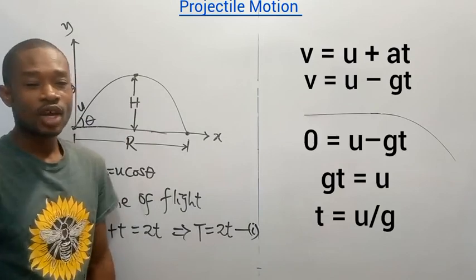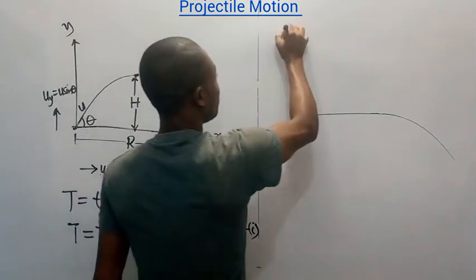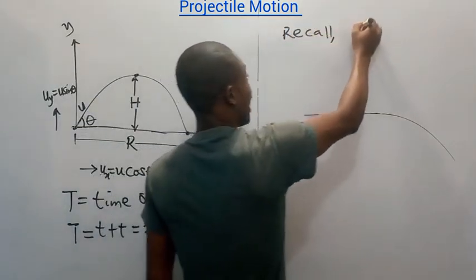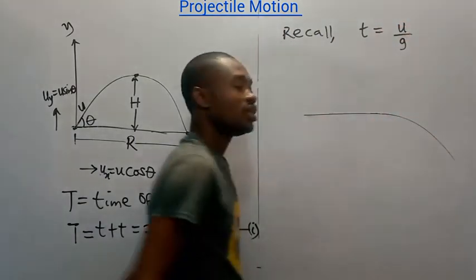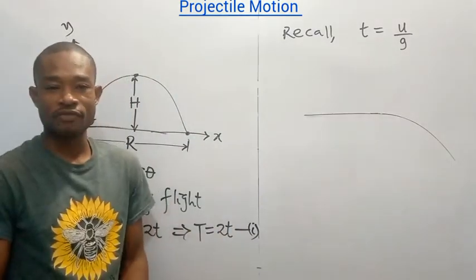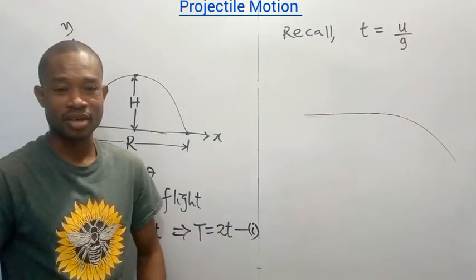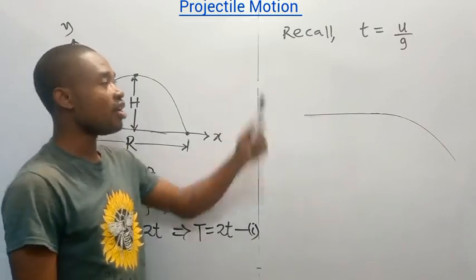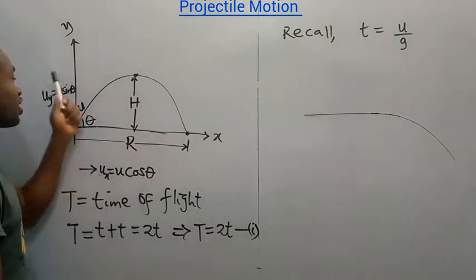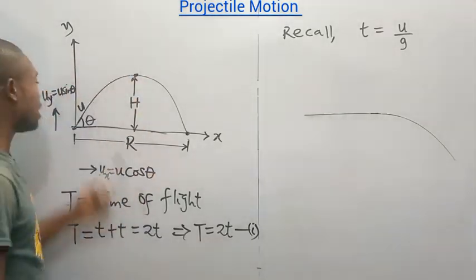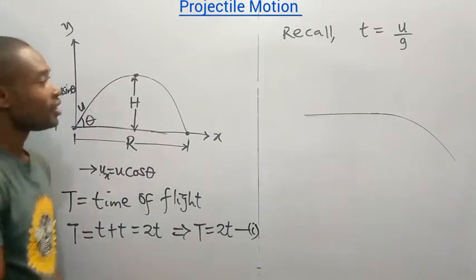If you work on that, recall that t is equal to u all over g. That's what we are going to get, because in that equation, v will be taken as 0 at maximum height. So that is the value of small t. Now, resolving that in the vertical, because you are releasing that thing to a certain height, you have u sine theta.